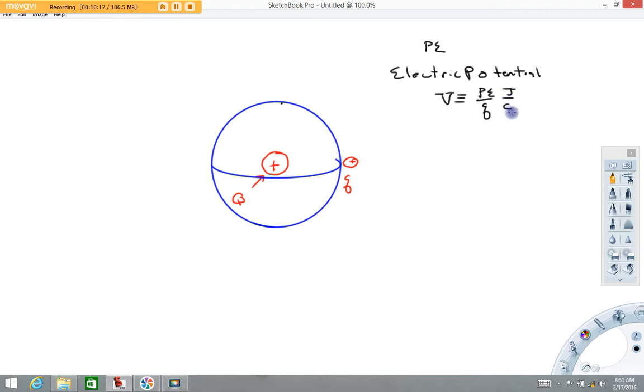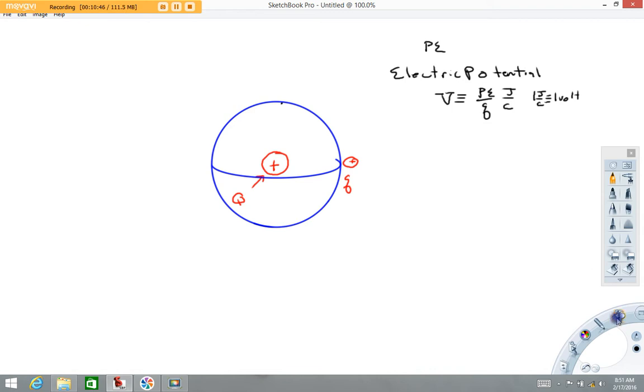And like most things in physics, the joule per coulomb has its own little pet name. 1 joule per coulomb is called 1 volt. Now, it's important to realize this thing called potential is a property of space. It's a property of the space around this charge, and it's created because this charge has an electric field around it, and that electric field will do work on other charges placed within its reach here.